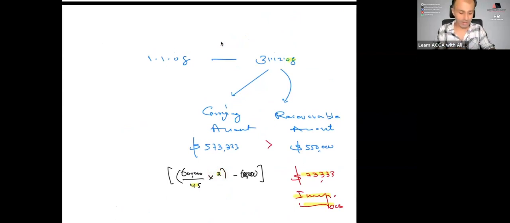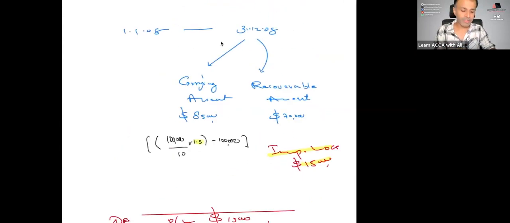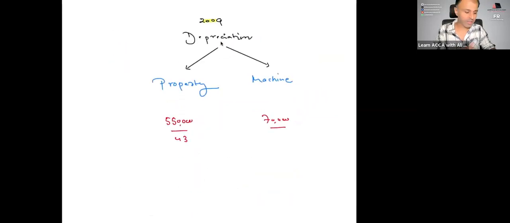Minus the 50 equals what? 43. This is the life left to use in the year 2009 to depreciate. Applicable to the machine, total life was 10, expired life is 1.5. So the remaining has to be what? 8.5.